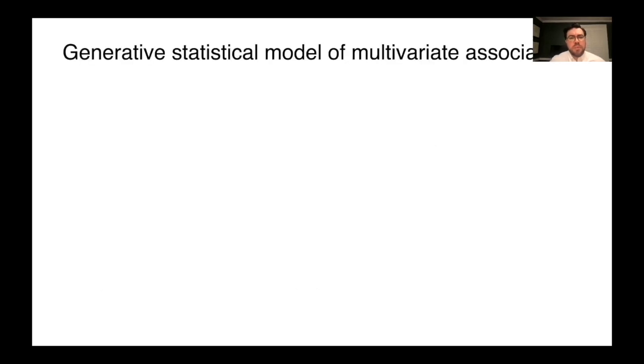And so the approach that we took is one of generative statistical modeling of multivariate associations. And so we wanted to develop a mathematical framework which could simulate synthetic data with known constrained properties. And then we could study to what degree the data analytic methods of CCA and PLS are able to recover the ground truth properties of our synthetic data.